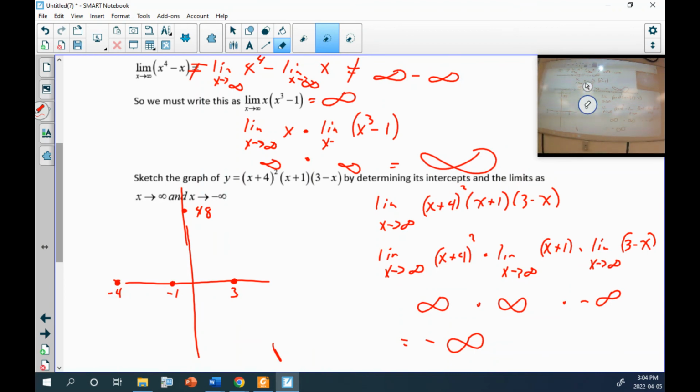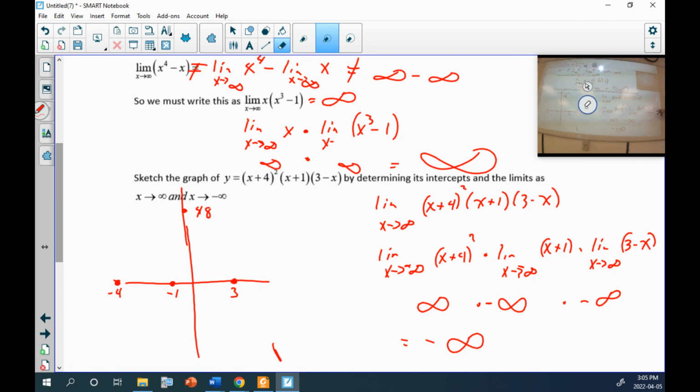What happens when x gets to be a larger and larger negative number? So let's just change this to a negative. What's this going to be? Negative infinity squared, positive. So that'd still be positive infinity. Here, negative infinity. We're going to plug in negative infinity here and get a negative infinity.